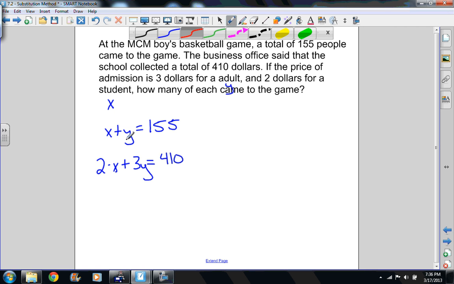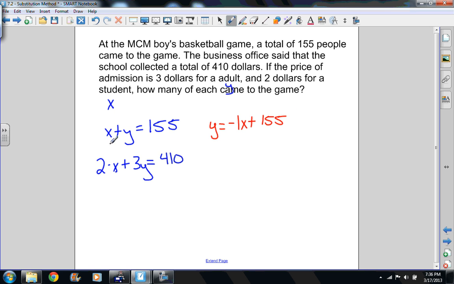So I would get this to be y equals -1x plus 155, sorry. And I just move the x over. And I plug it into that equation. So I get 2x plus 3 times (-1x plus 155) equals 410.